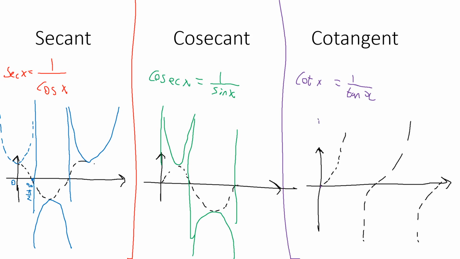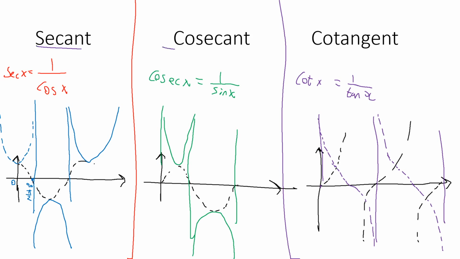That is the point at which we don't touch. And also, it's going to go in reverse this time. And it won't touch here, here, or here. And it should look something like this for all 3 of them. Yeah, something like that. And that is the secant, cosecant, and cotangent graphs.